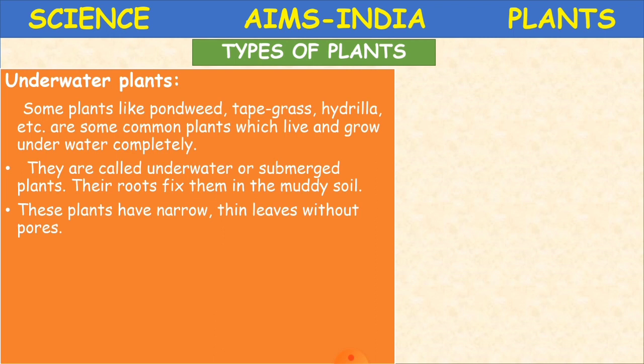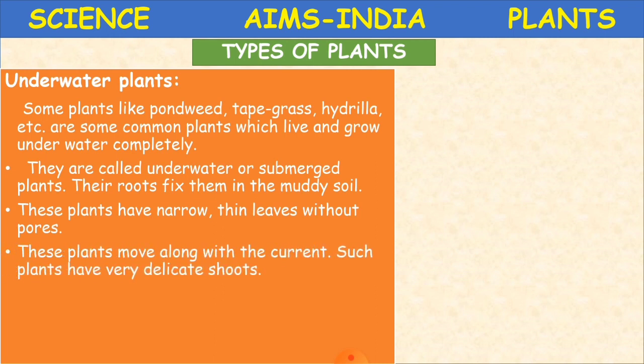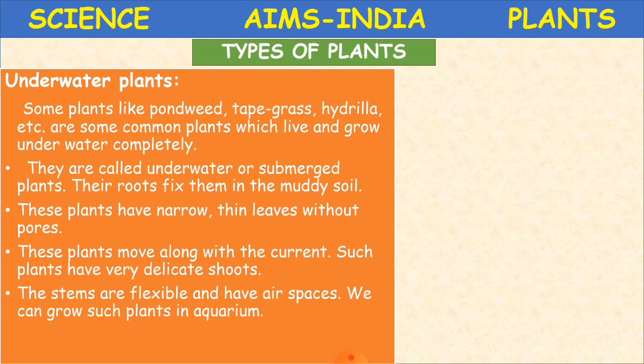Some plants like pondweed, tape grass, hydrilla. These are the names of the plants, children, which live and grow underwater completely.